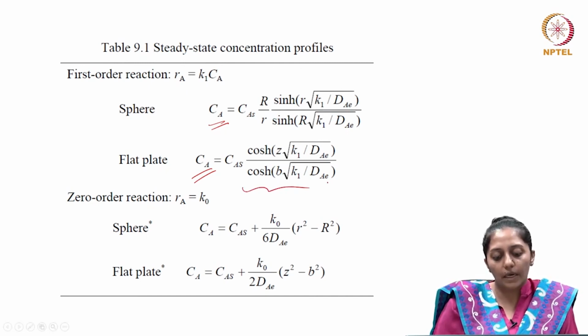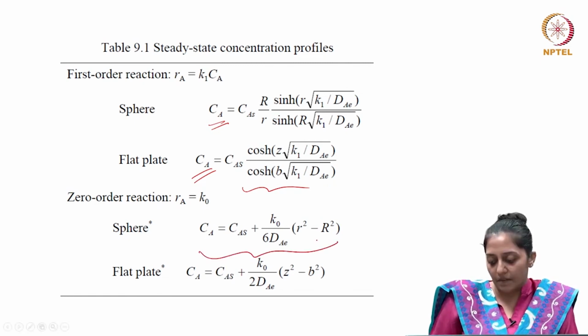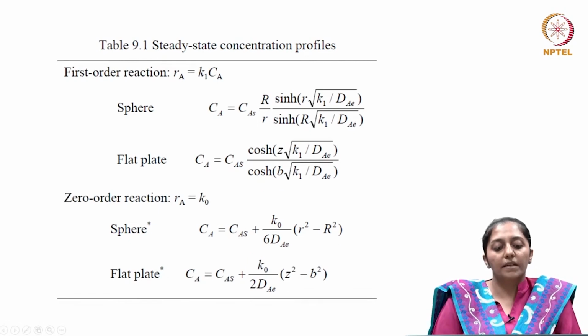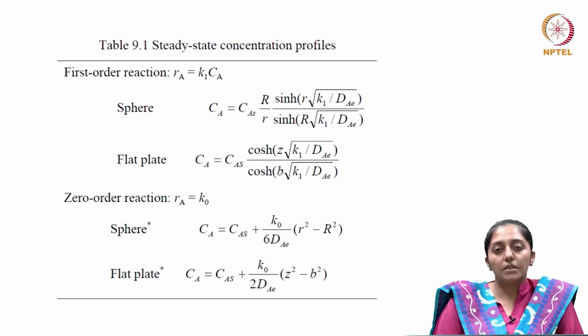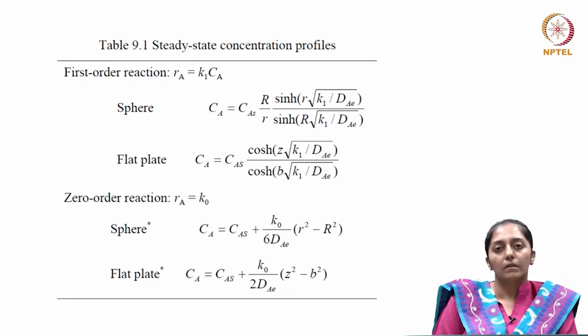Similarly, for zero order kinetics, the expression has been given here. So, in this table, we can see in consolidated form how the concentration profile changes due to the diffusional limitations in a spherical geometry and in a flat plate geometry, if the kinetics are being governed by first order or by zero order.